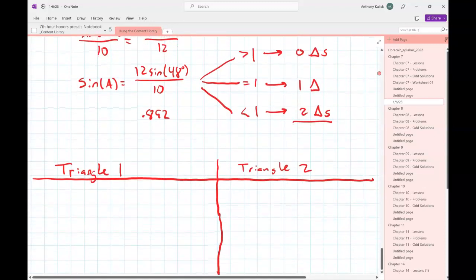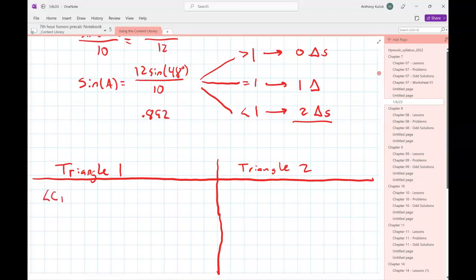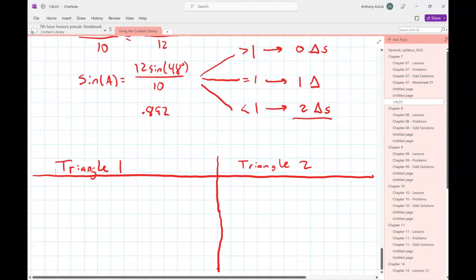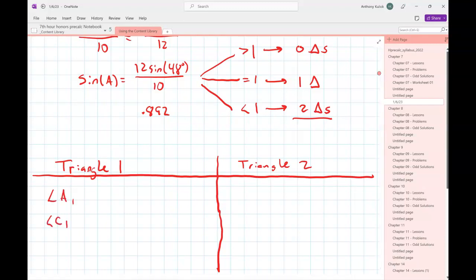So to solve this triangle, we need to find angle A, angle C, and then side C. And because I have a set of values for each triangle, I'm going to add a subscript to my A's and C's so that it's clear to me which triangle this number belongs to.